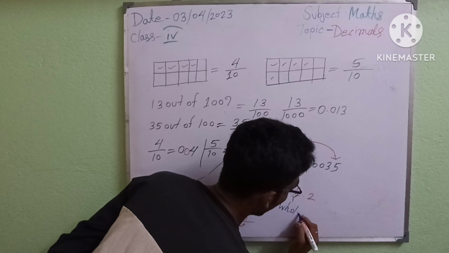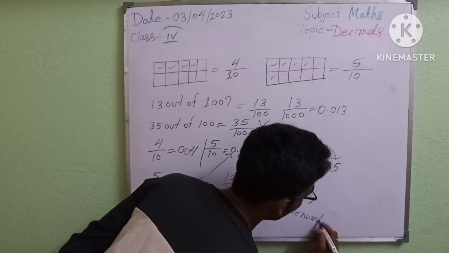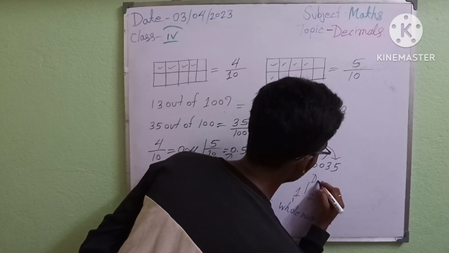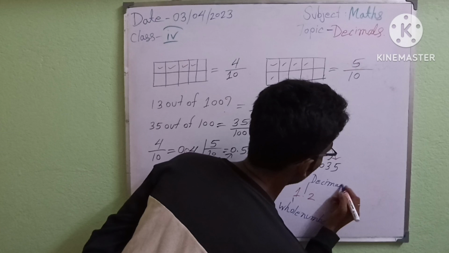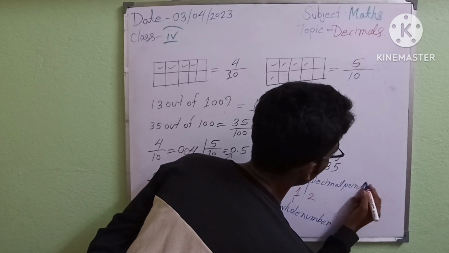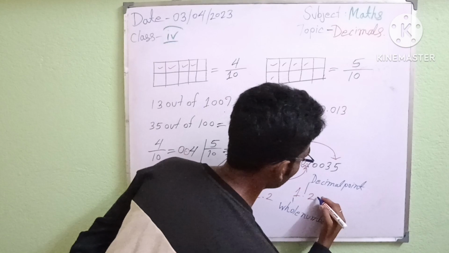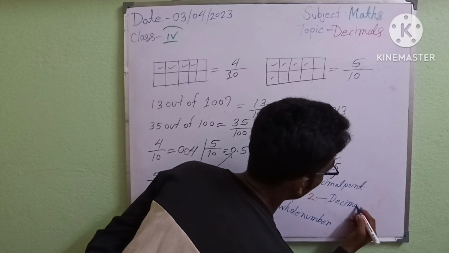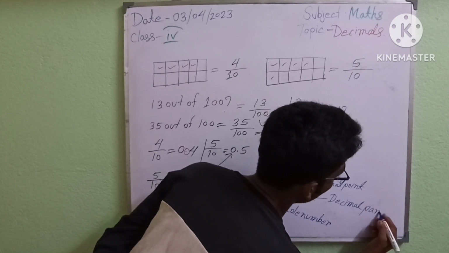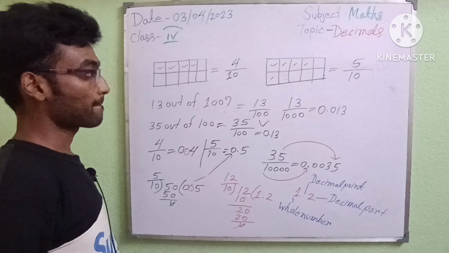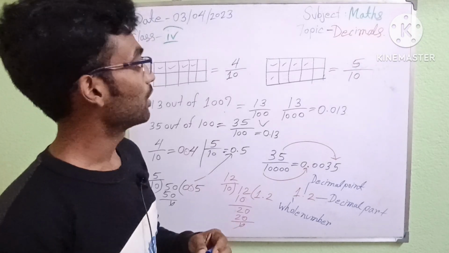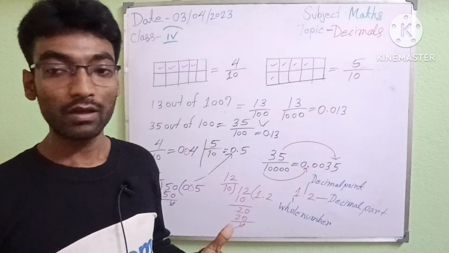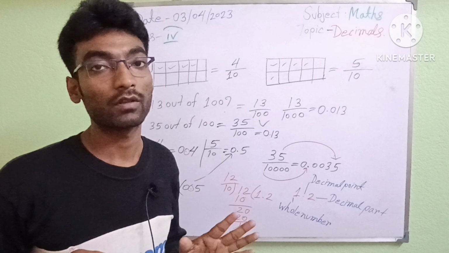What, students? Whole number. This is the decimal point. And this 2 is the decimal part. Now I hope you have totally understood the decimals and the primary concept of the decimal point. Thank you, class.